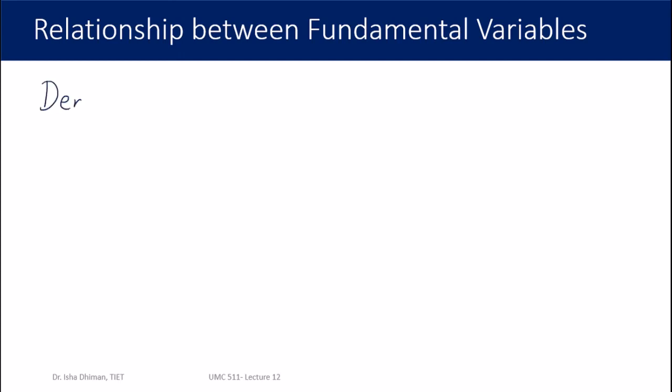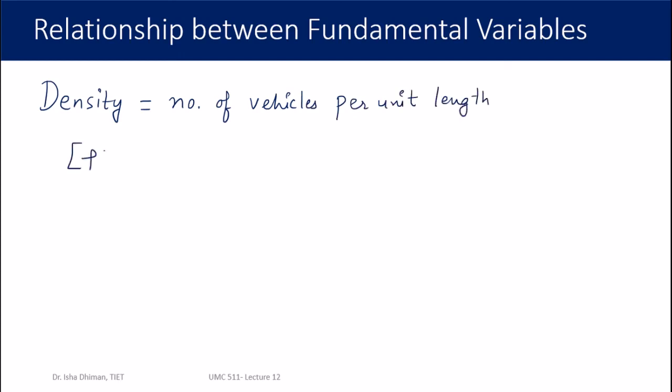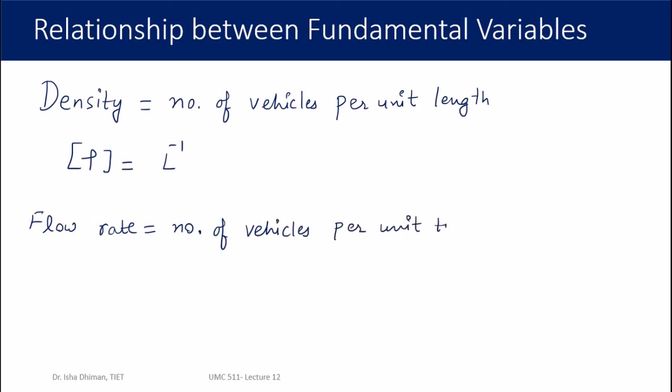So the first variable is density. It is the number of vehicles per unit length or distance. So the dimension of rho is L minus 1. Flow rate is the number of vehicles per unit time.